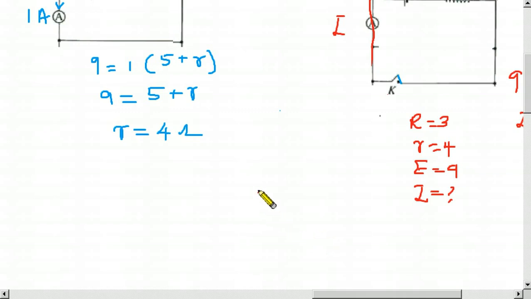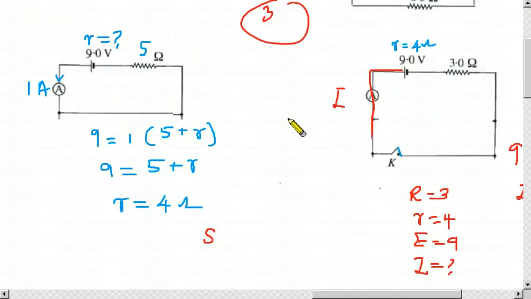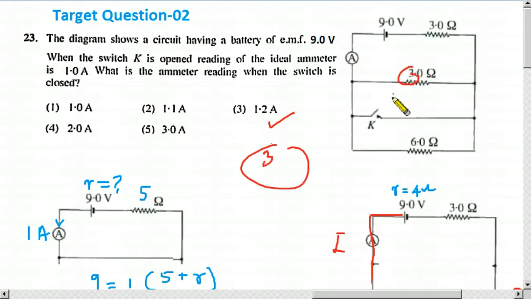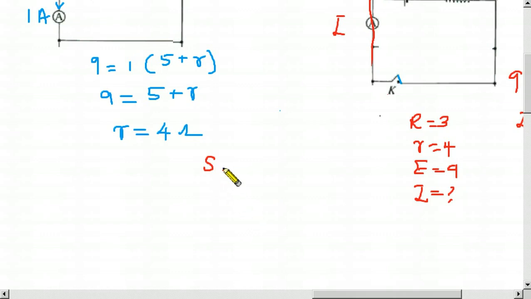So what is the definition of short circuit? In this circuit, these two resistors got short circuited when we put on the switch.